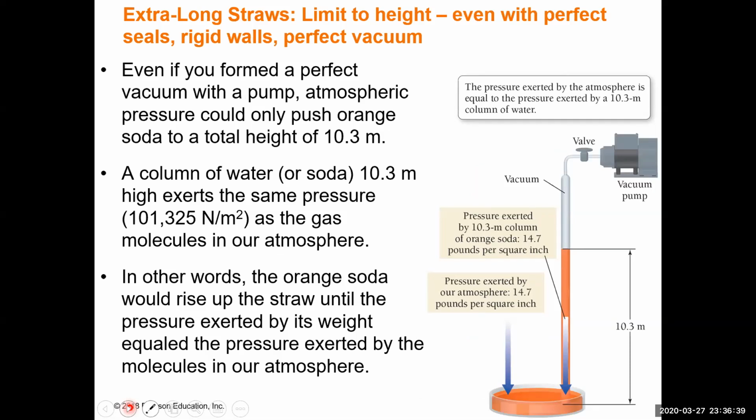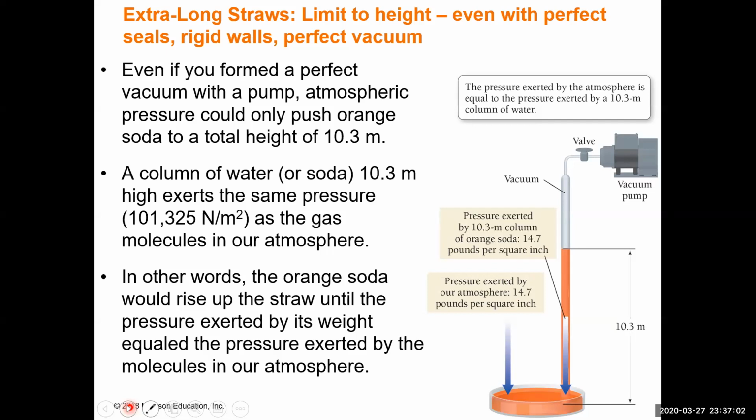Now, even if we were to have a perfect vacuum with a pump, the atmospheric pressure could only push orange soda, for example, up to a total height of 10.3 meters. So at some height, this orange soda can no longer be pushed up.